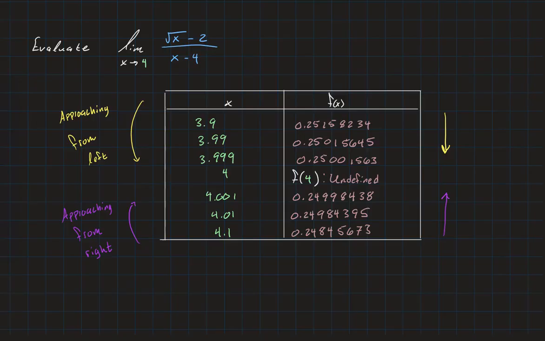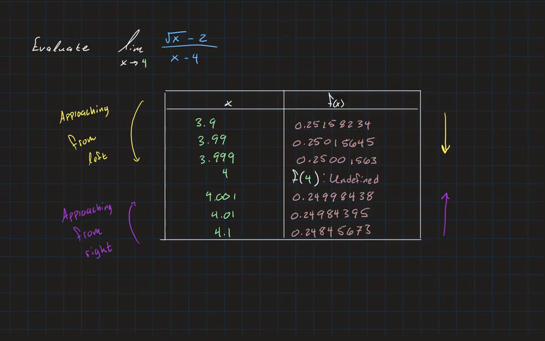Now, if I examine the outputs in this part of my table, as I approach from the left, I have numbers, and I can see a trend. I can see this 0.25 kind of stays the same in all of these values. This one is the furthest away from 0.25: 0.25158234, and then as I get closer, 0.25015645, and then 0.25001563.